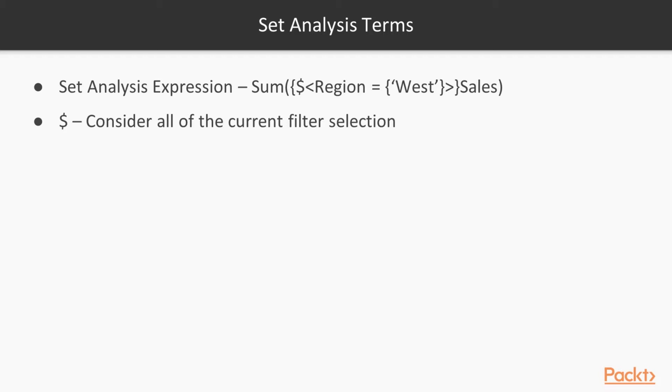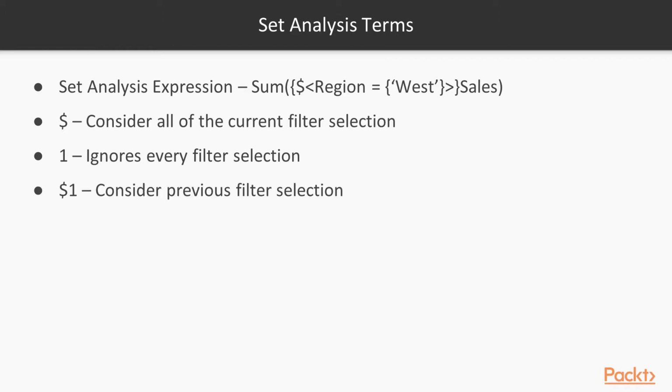That means if this expression is part of a table visualization, then all of the filters like product category or customer segment will apply on this. If you replace dollar by 1, then it will ignore every filter selection that you apply, and it will always show you the entire value of sales where region equals west.